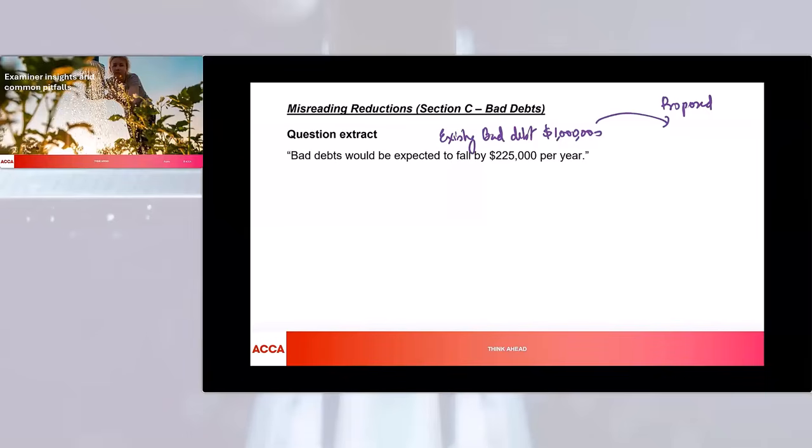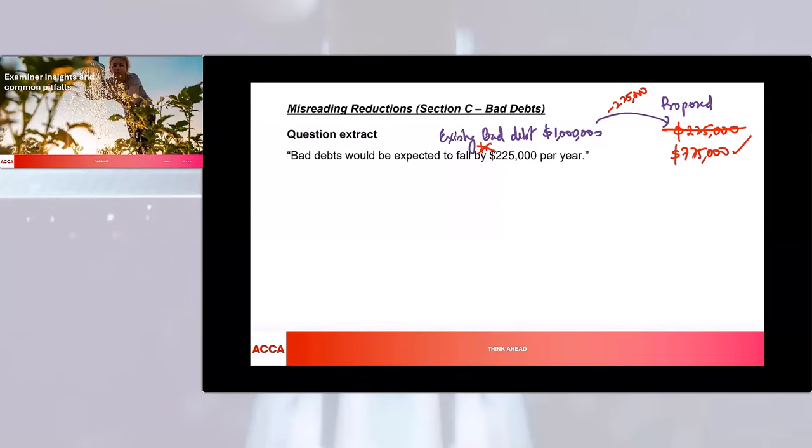In many cases, candidates take the proposed bad debt as 225,000. No, it is not. It does not fall to. It is not "to", it is "falls by", which means from 1 million, I will less 225,000 to get how much? 775,000. This is the correct proposed.